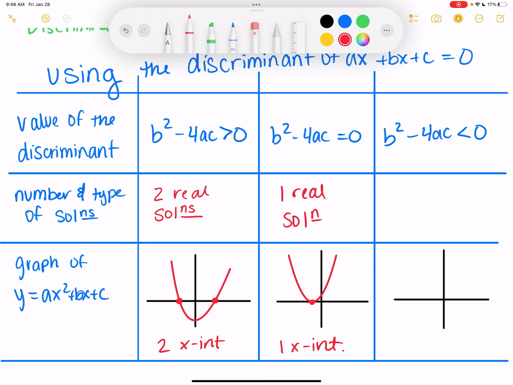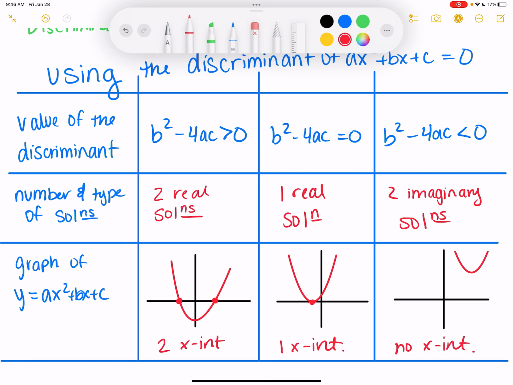Okay, the last option, it's less than 0, meaning it's negative, so it's going to have 2 imaginary solutions. And that's just going to be a graph that's somewhere not touching the x-axis, so there's no x-intercepts.